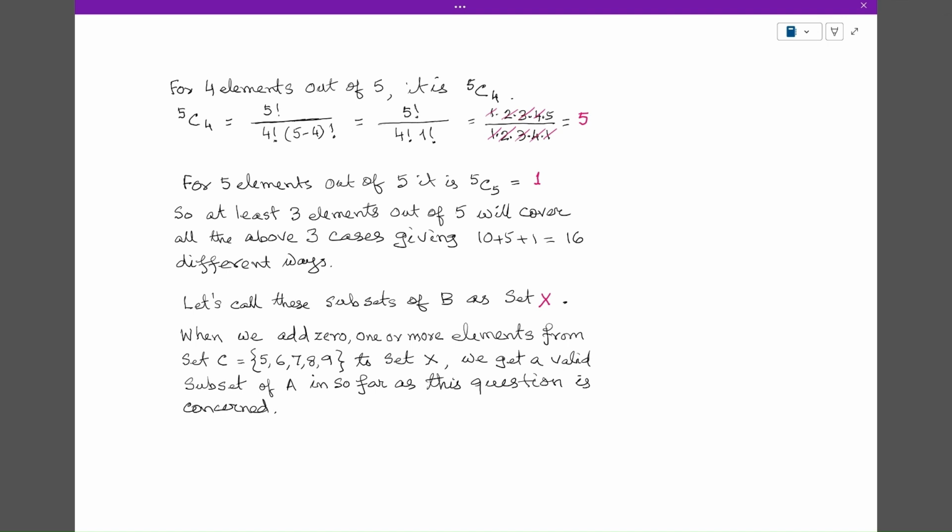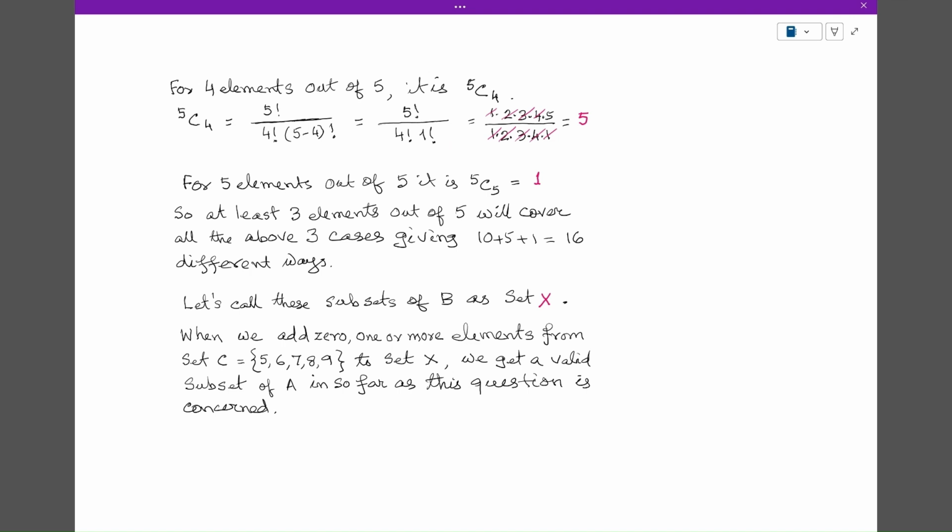When you are selecting 4 elements out of 5, the formula is 5C4. That is, 5C4 is equal to factorial of 5 divided by factorial of 4 multiplied by factorial of 5 minus 4, which is factorial of 5 divided by factorial of 4 multiplied by factorial of 1.